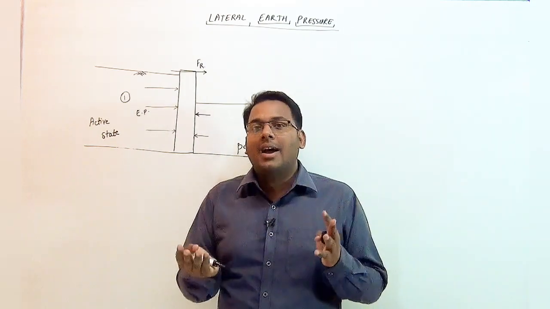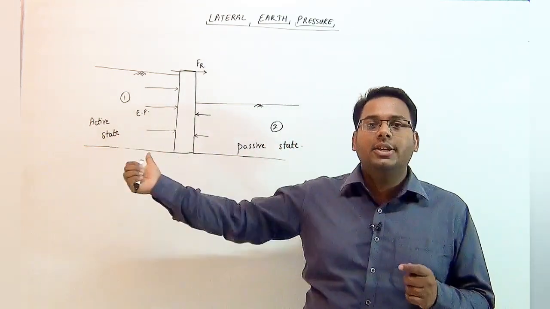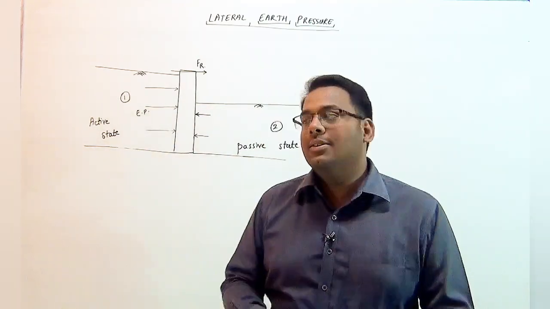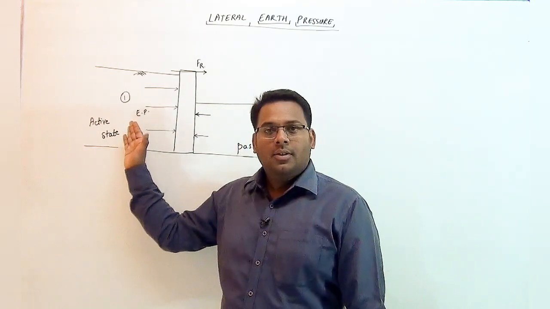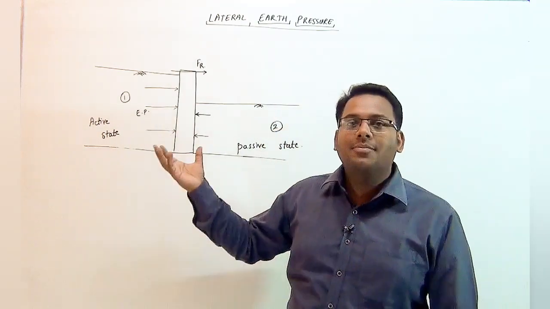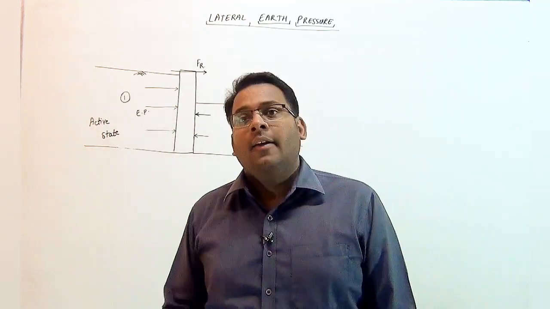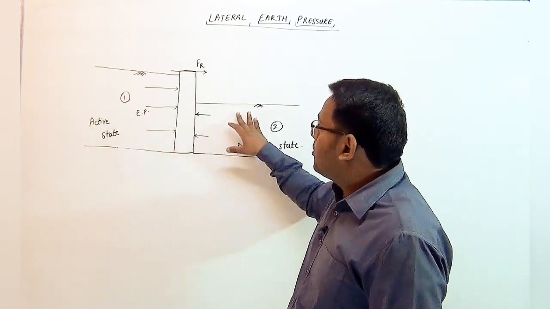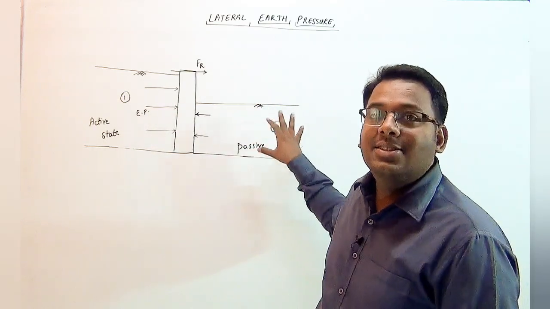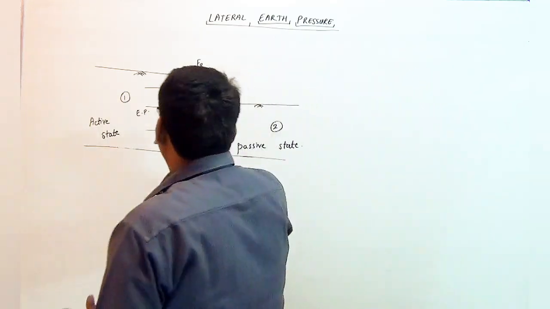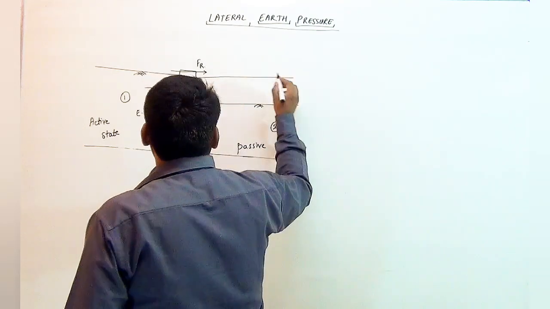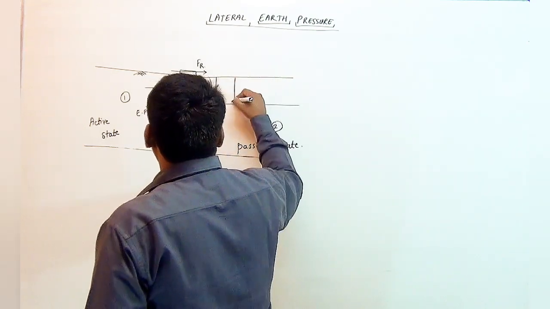It is just like there was a competition between these two soils, and soil 1 won. It is not necessary every time that soil 1 will win. It may be possible that in some case soil 2 will win if there is an extra load on soil 2.